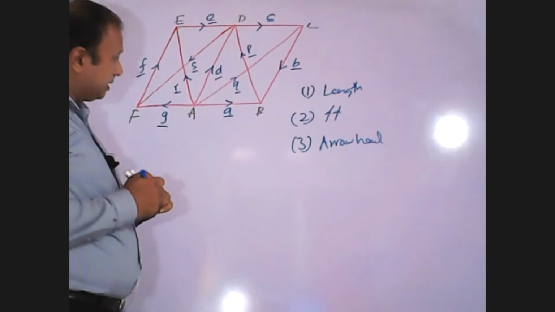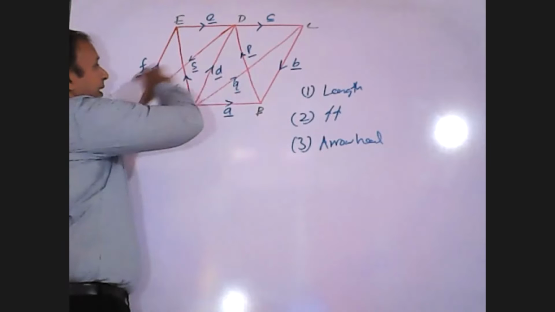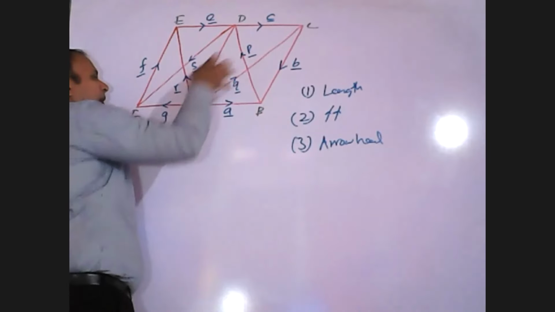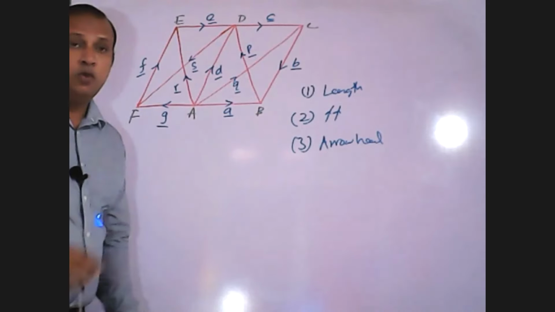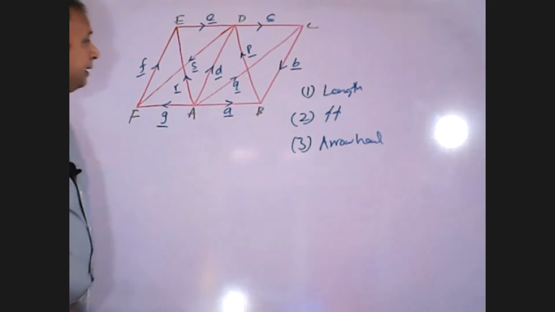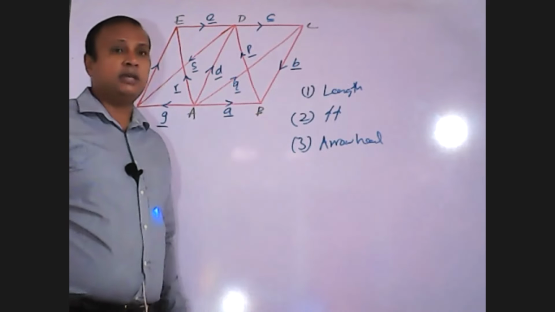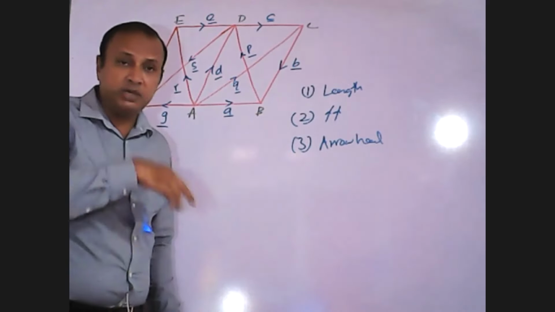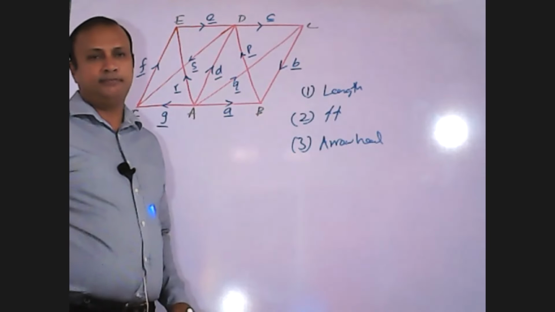Now, as these two, ABCD and ADEF, are parallelograms, we can consider the opposite sides of these parallelograms, because I know if it is a parallelogram, opposite sides are parallel and equal.